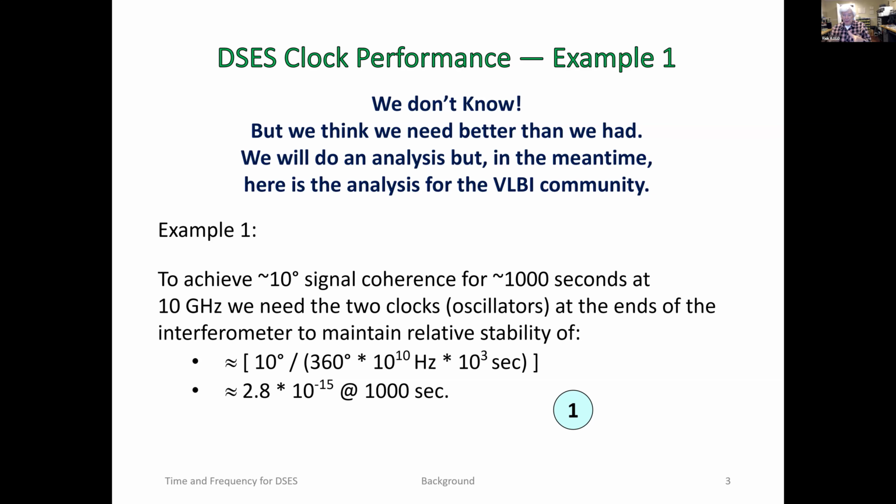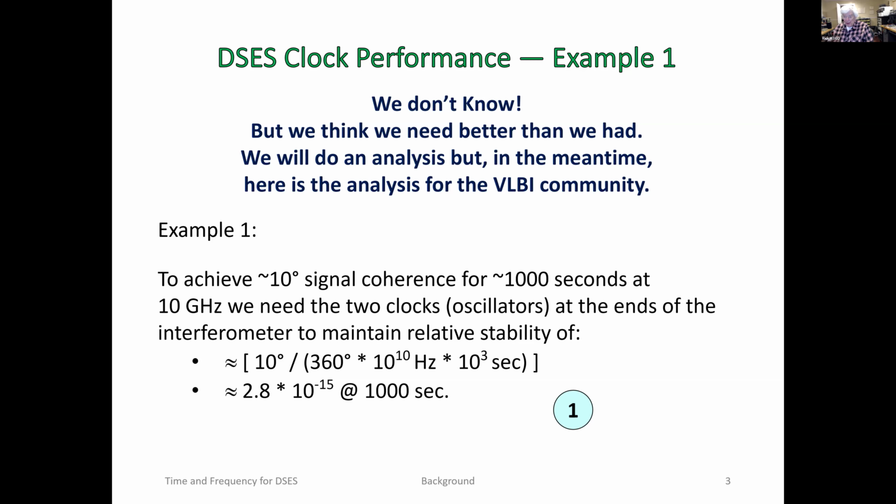And in this case, for example, number one, we had asked the various sites and the correlators for those sites what they needed, and they said, well, we need about 10 degrees of signal coherence for 1,000 seconds at 10 gigahertz. And there are two different sites, or more than two different sites, at different places in the world.